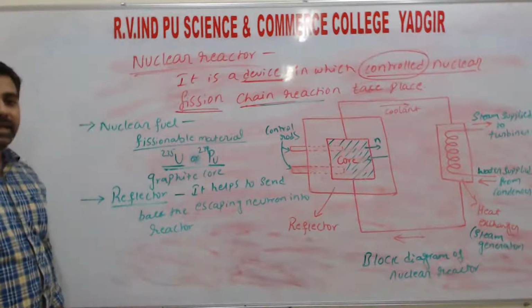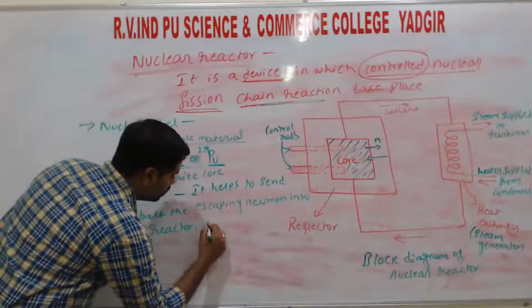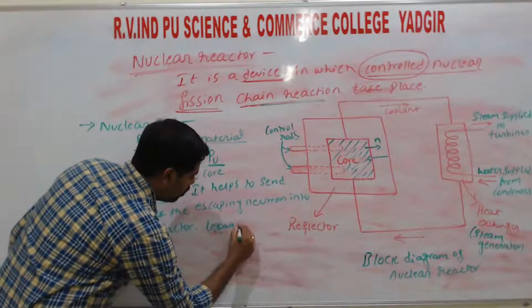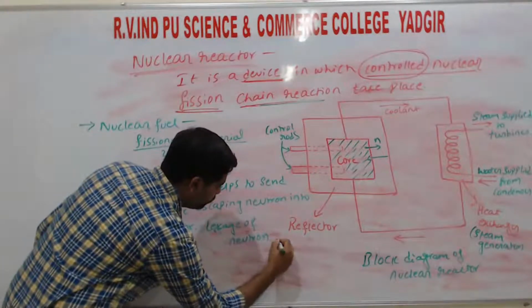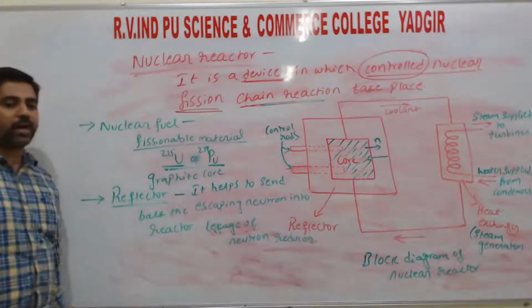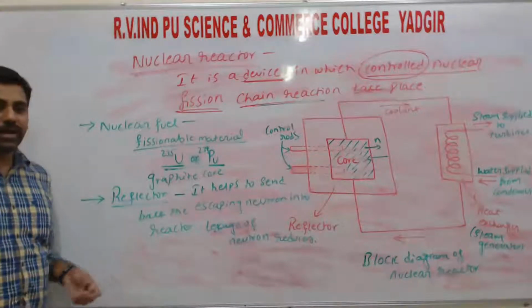From this, the leakage of neutrons is reduced. That means it reflects them back to the core. That is the help of the reflector.